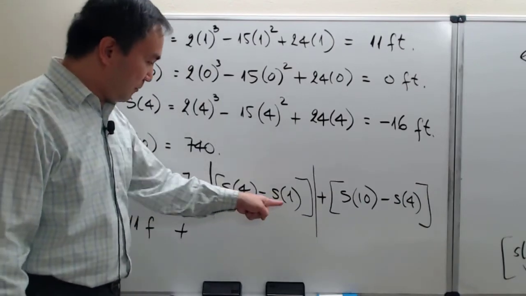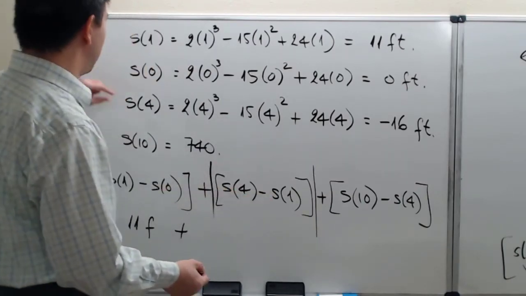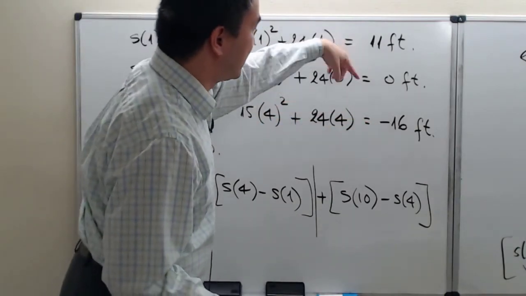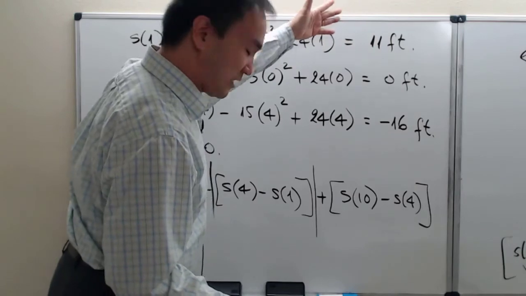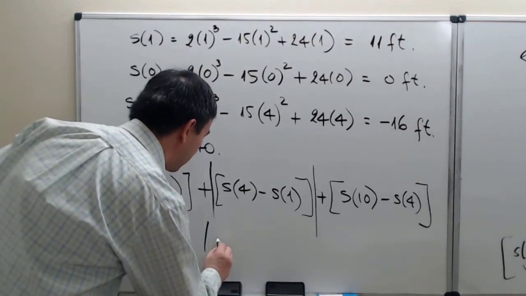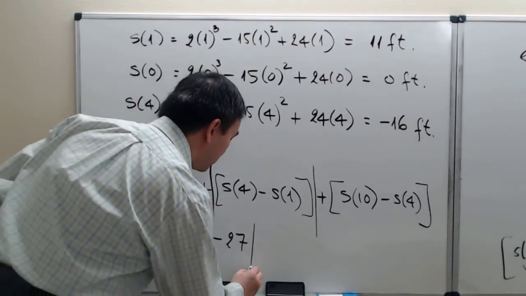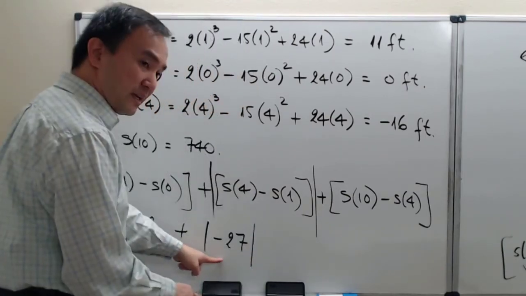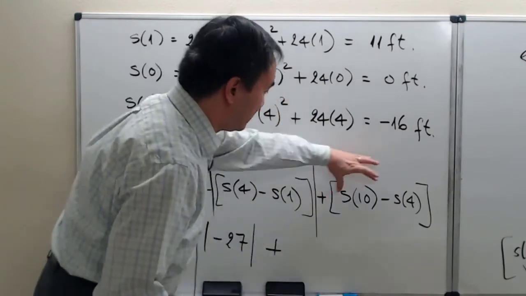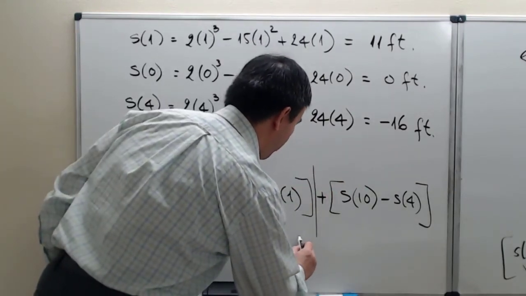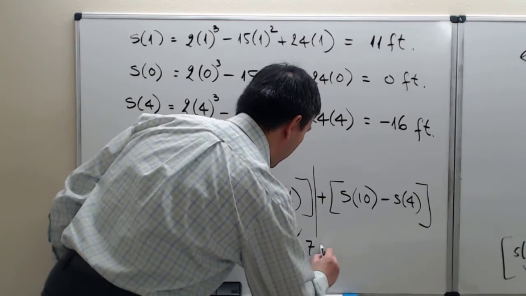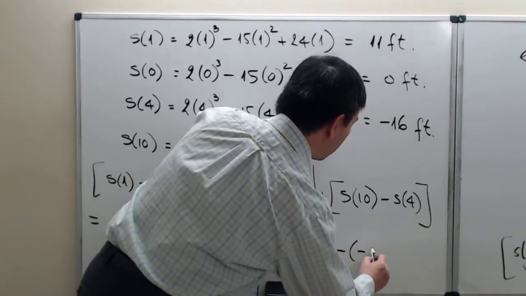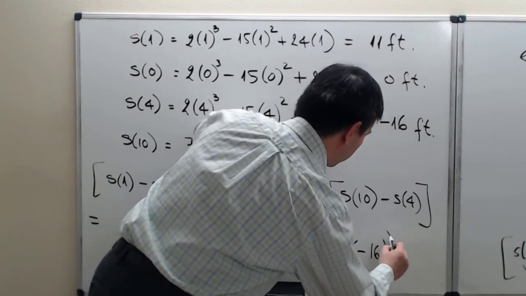So S of 4 minus S of 1: S of 4 is negative 16, and minus S of 1 means it's going to be negative 27. Now we're adding the absolute value of negative 27, which will eventually be made positive, and then adding that to this other difference, which was 740 minus negative 16.